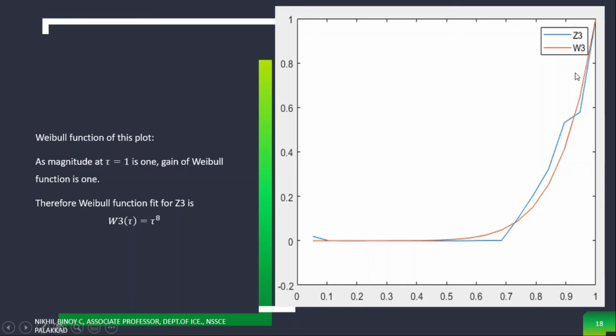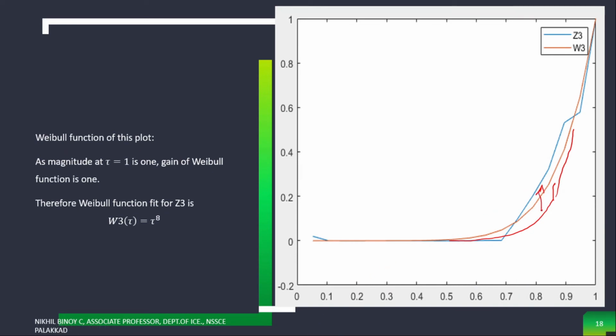Is it okay? So if you increase the m value, if you take tau raised to 10 or something, the graph will be something like this. Then it will suddenly increase like this way, so we will have a large deviation.